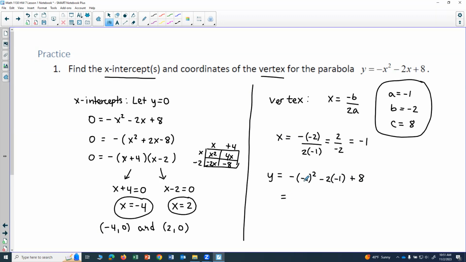Negative 1 squared is a positive 1, and then we have that negative out front. So we'll get negative 1, negative times negative is positive, so plus 2, and then plus 8. That would give me 9. And so then my vertex is going to be at the point x equals negative 1, y equals 9.